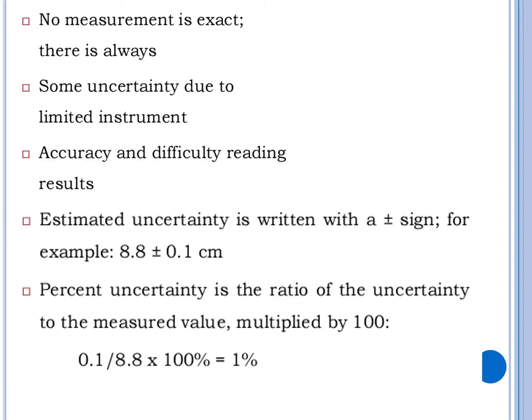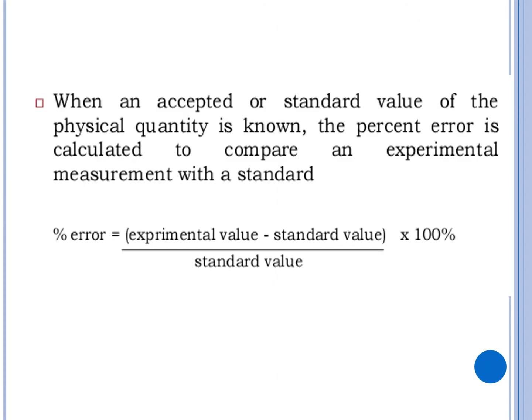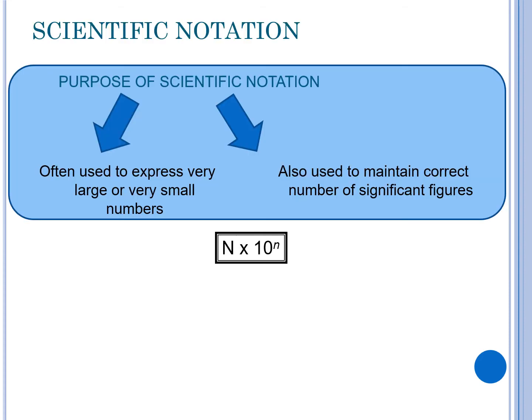So how do we calculate the error? This is the formula for percentage error: experimental value minus standard value, over the standard value, times 100.